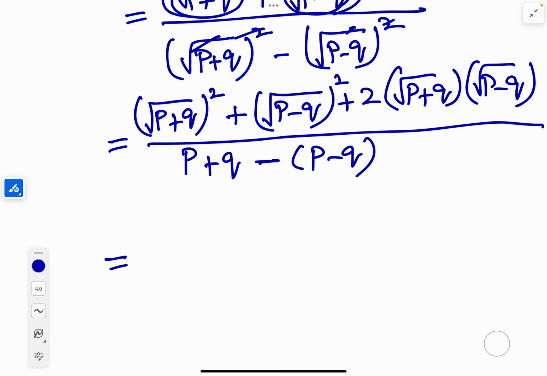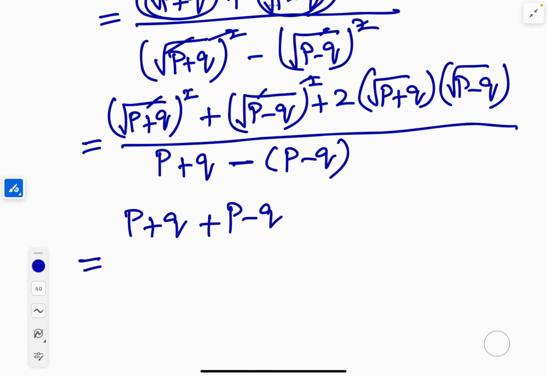Now if we observe here, square and square root are inverse operations, so we will be left with p plus q in the numerator plus again p minus q, plus 2 times square root of p plus q into square root of p minus q. The product of these two is nothing but a square minus b square, which is p square minus q square, okay.